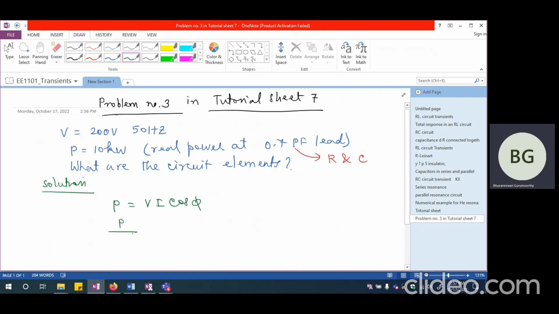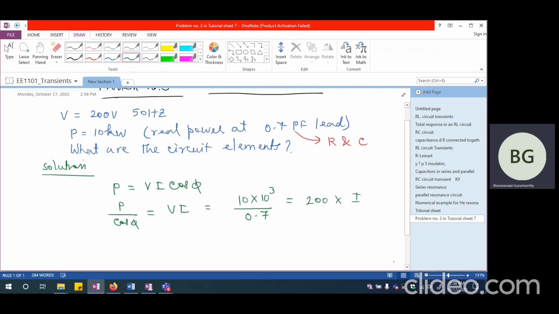So P divided by cos phi is going to be equal to VI. So this is going to be 10 multiplied by 10 power 3 divided by 0.7, which is 200 multiplied by I, from which I can be deduced.